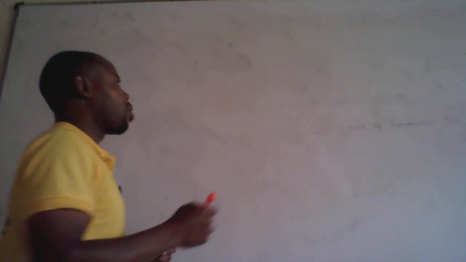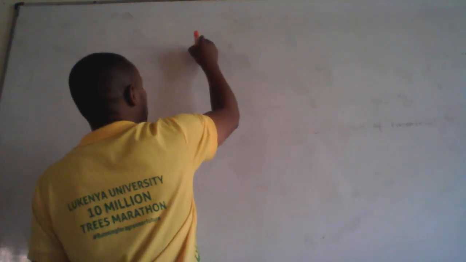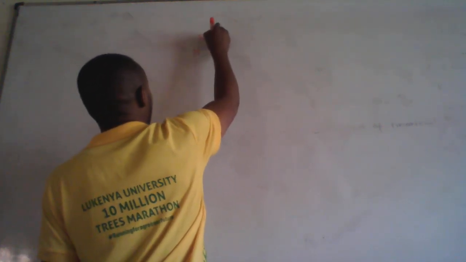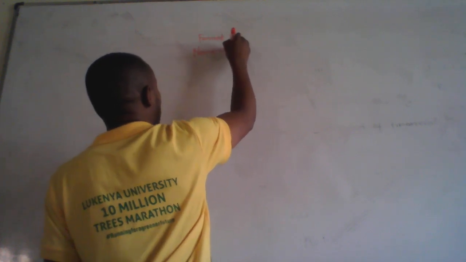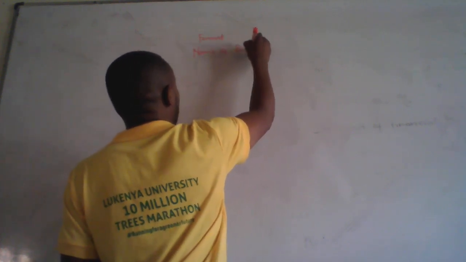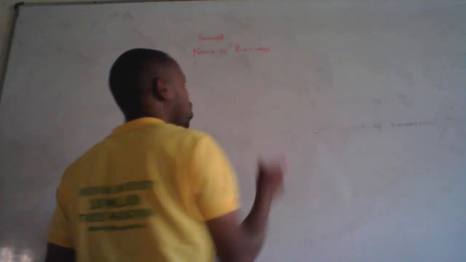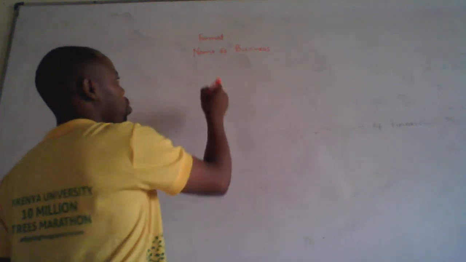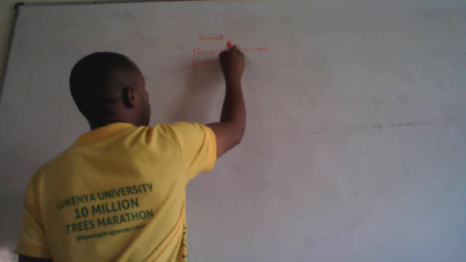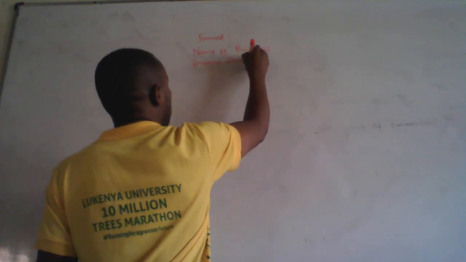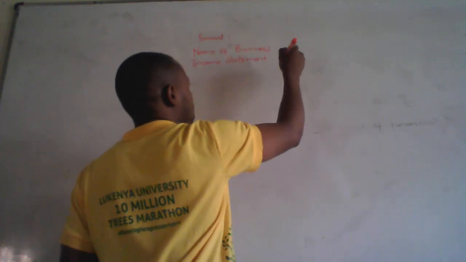An income statement, again, you always begin with the format. The format of the income statement begins with the name of the business, or the individual who is preparing this document. Then you state the document, known as an income statement, and it is prepared at the end of the year.